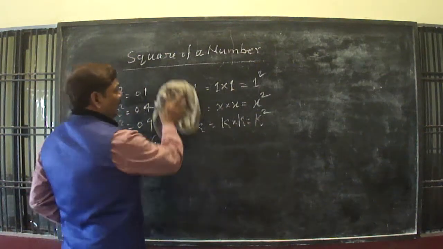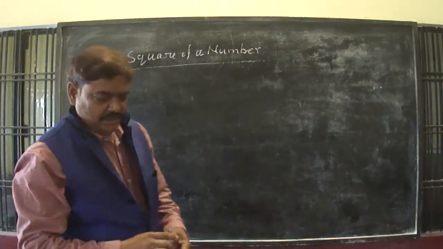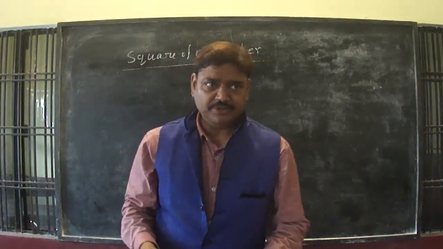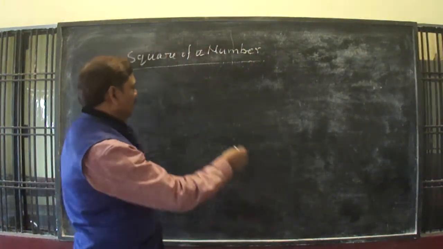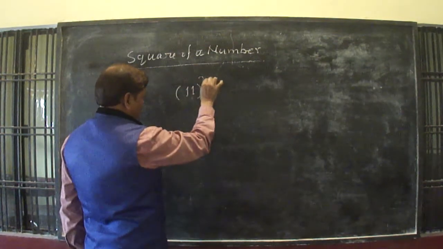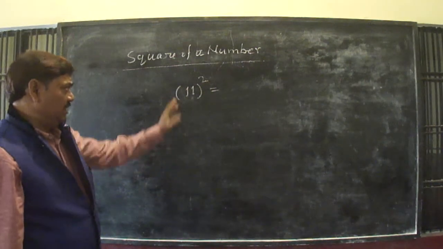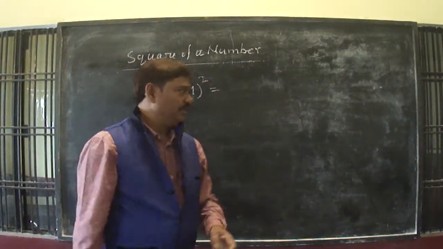Now we learn how to square a number in a simple way. Like if we want to square 11, these numbers are called decimal numbers.